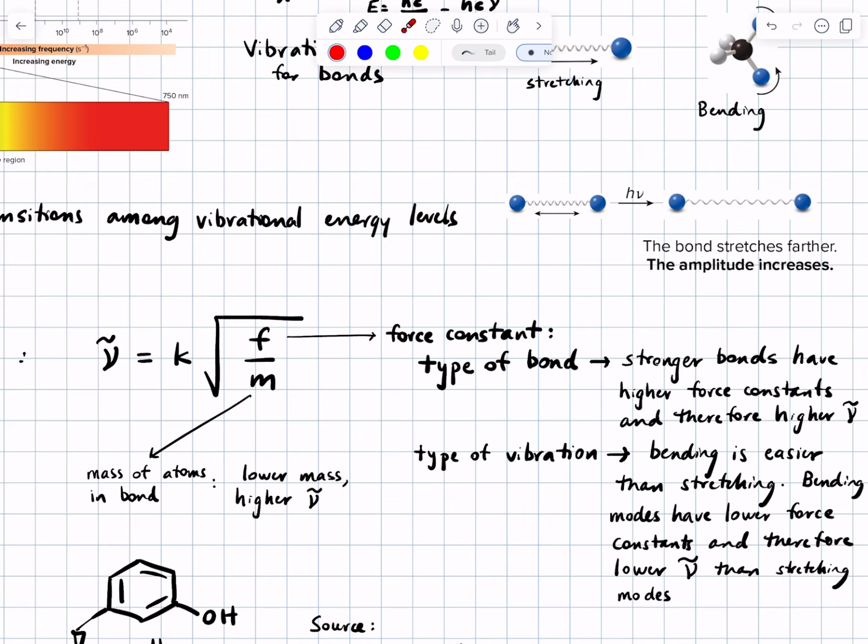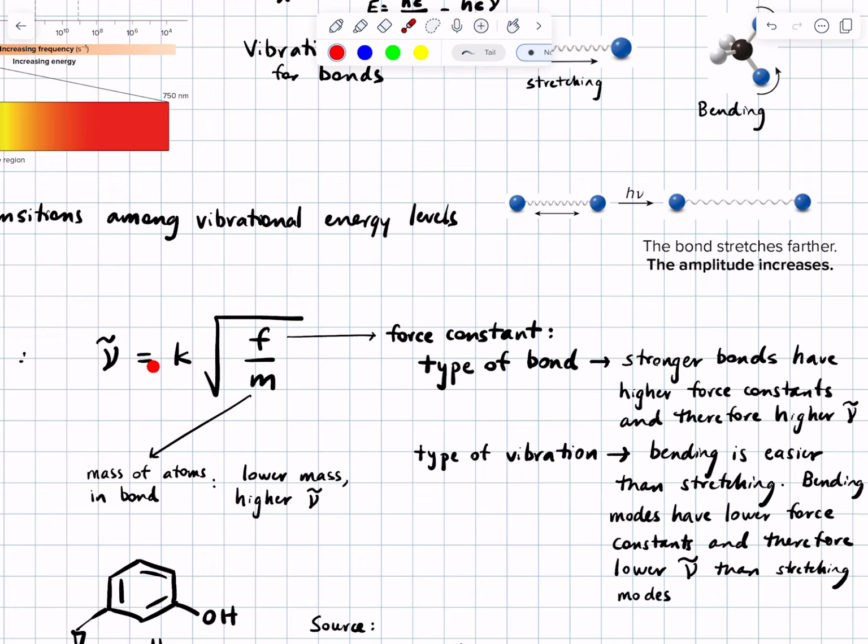Okay? So let's deal with mass first, because that's easy. If the atoms weigh less, this number is smaller, right? And therefore, this number must be bigger, right?